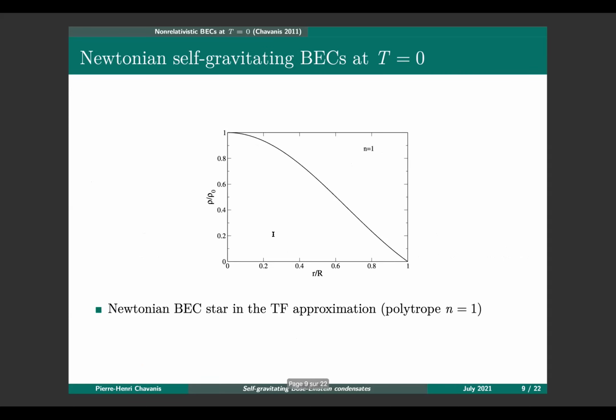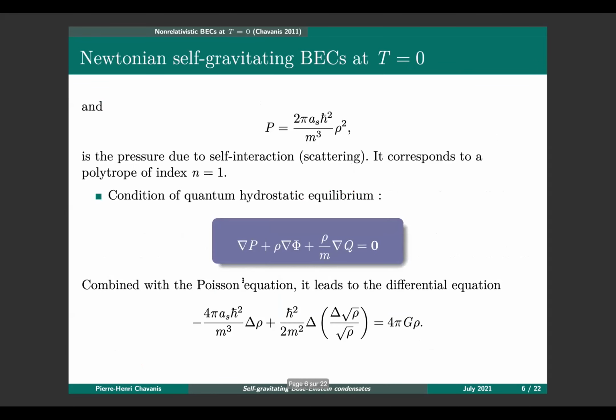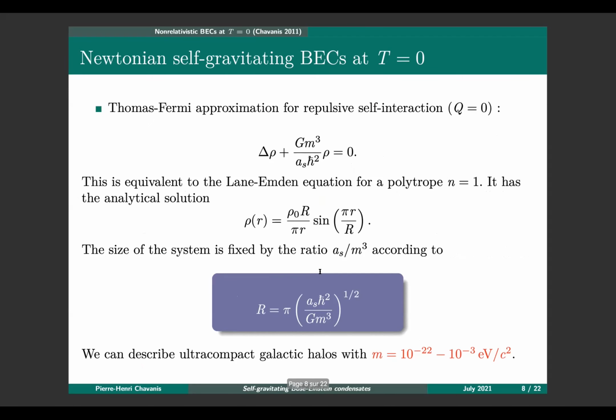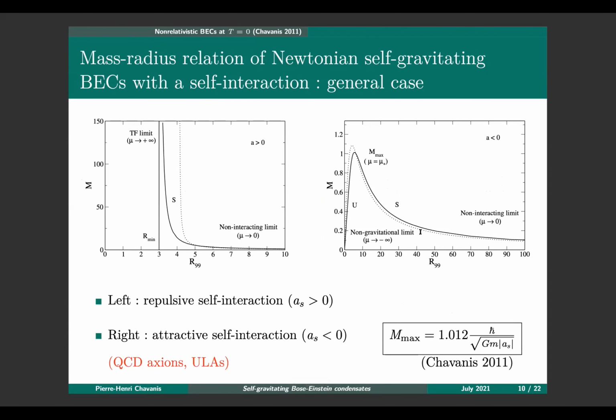Now, if we consider the general case, we can solve this differential equation numerically, and we can obtain the mass-radius relationship. So we have to distinguish two cases, the case of a repulsive self-interaction or the case of an attractive self-interaction. So if the self-interaction is repulsive, the mass-radius relationship is monotonic, and the radius increases as the mass decreases.